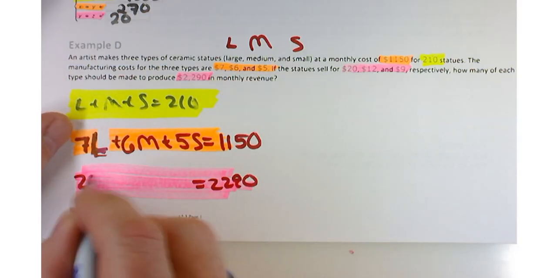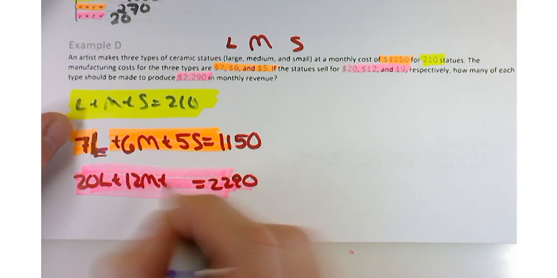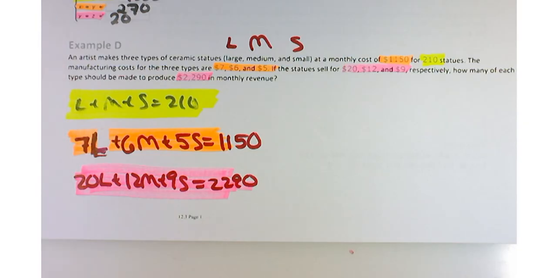There you go. 20L plus 12M plus 9S. Beautiful. And that's it. There you go. 3 equations, 3 unknowns. And we're pushing off the problem of actually finishing solving these things until section 12.4.